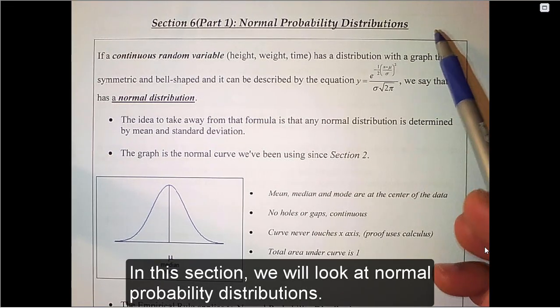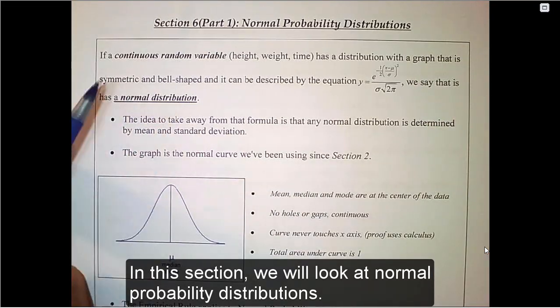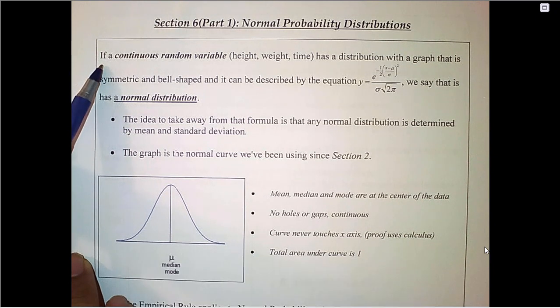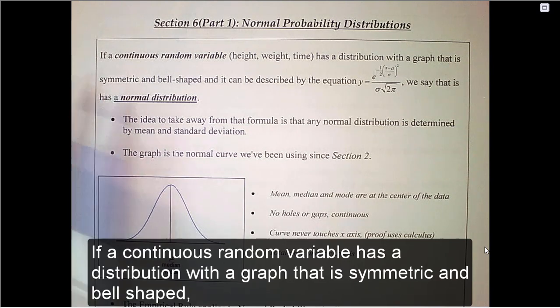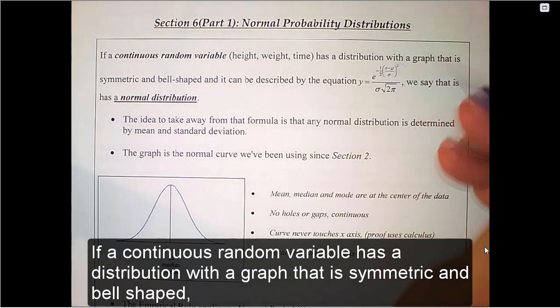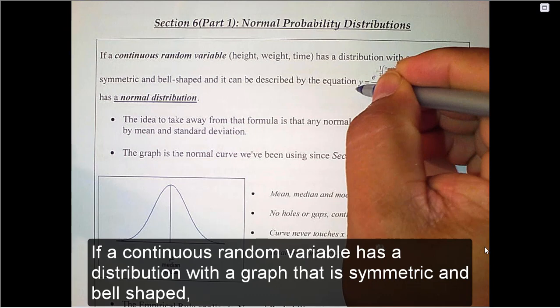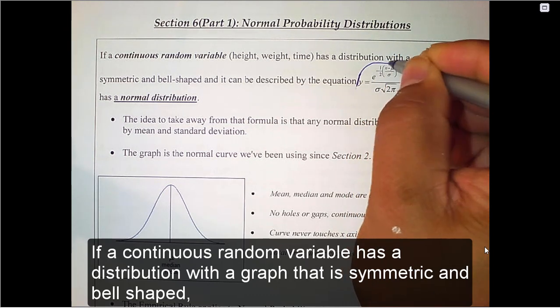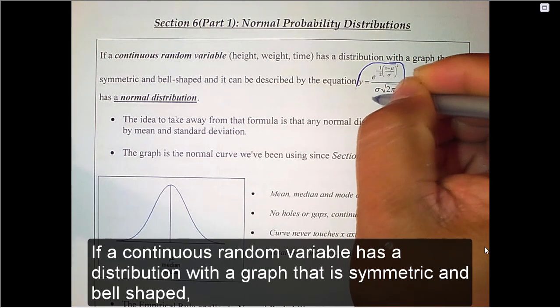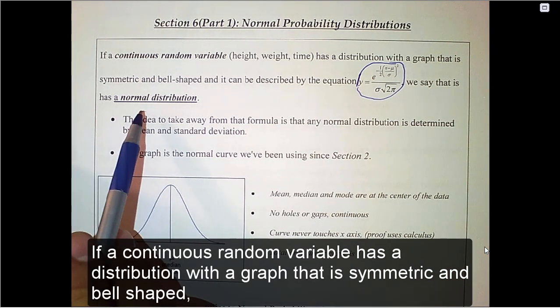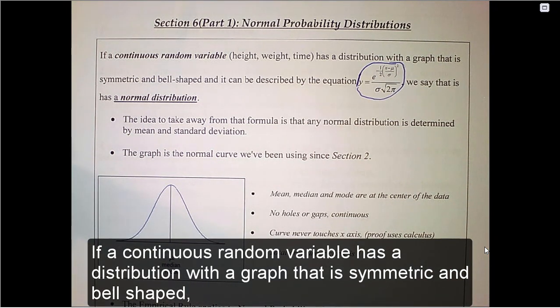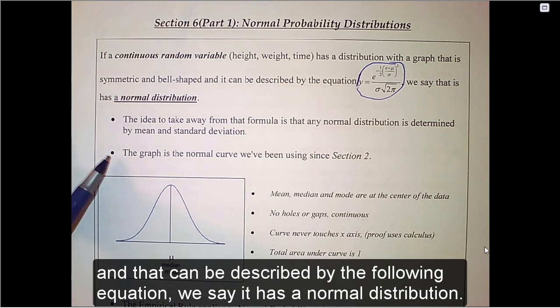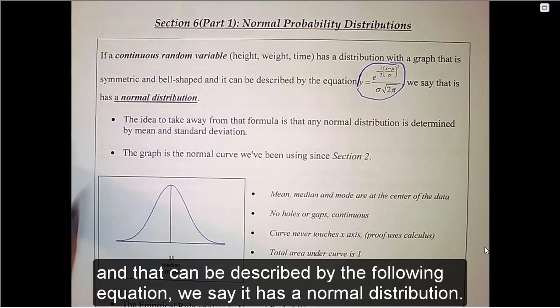In this section, we will look at normal probability distributions. If a continuous random variable has a distribution with a graph that is symmetric and bell-shaped, and that can be described by the following equation, we say it has a normal distribution.